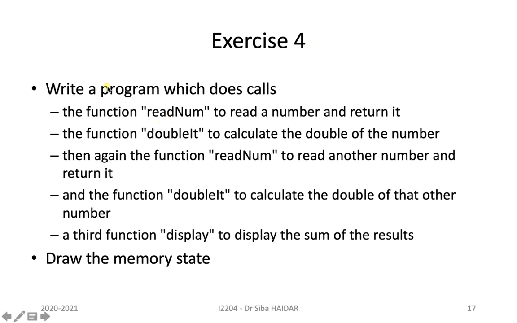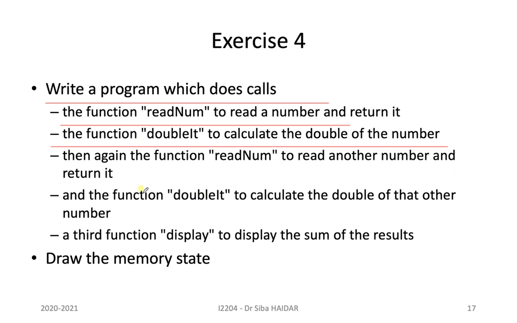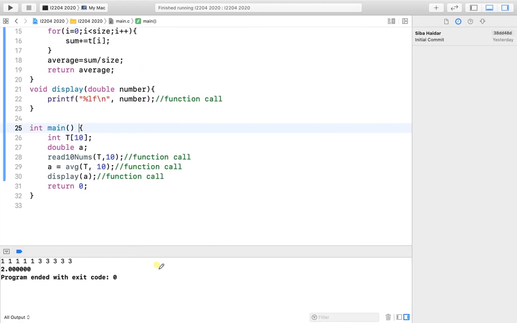Write a program which calls the function read_num to read a number and return it, the function double_it to calculate the double of the number, then again read_num to read another number and return it, the function double_it, and a third function display to display the sum of the results, so the sum of the doubles. Then we have to quickly draw the memory state to see if we really understand what is happening. So let's go to the code.